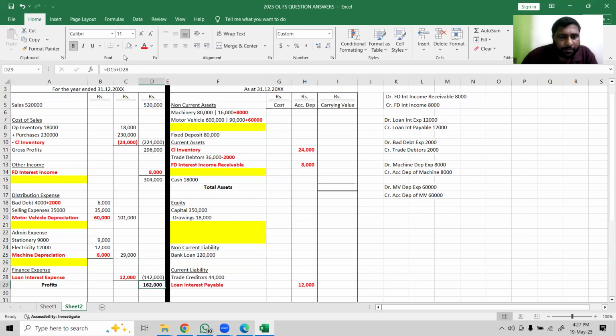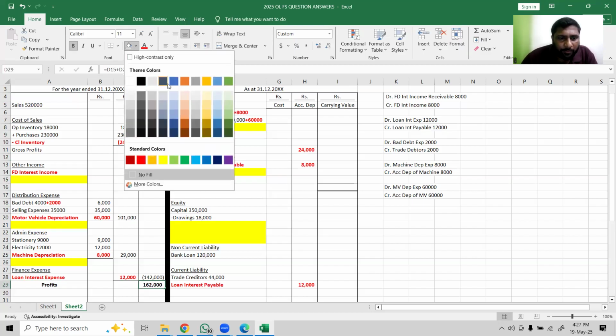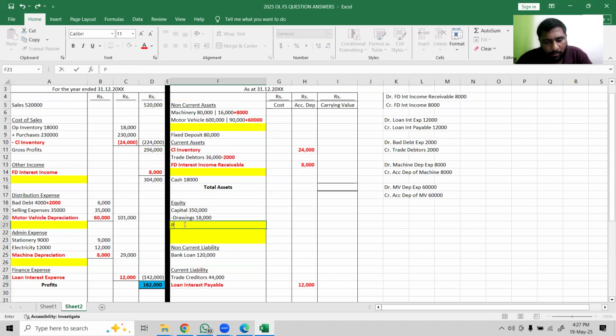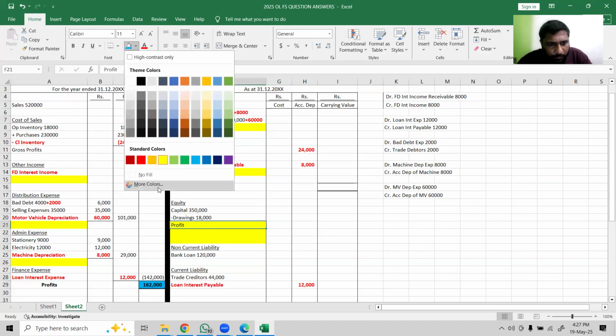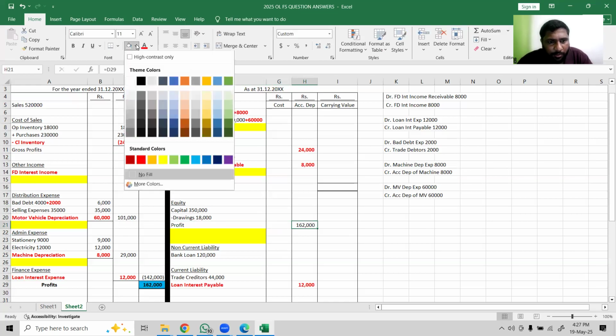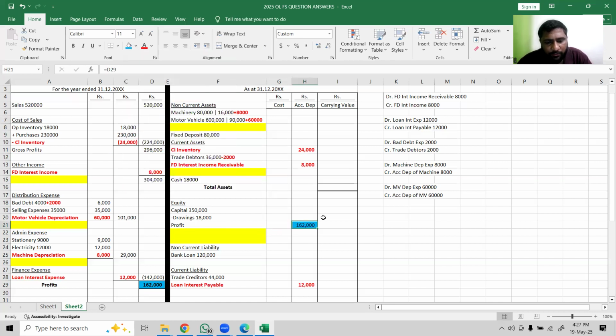Now go and put this profit under the equity because profits will increase the equity. Profit 162. Profits will increase the equity.